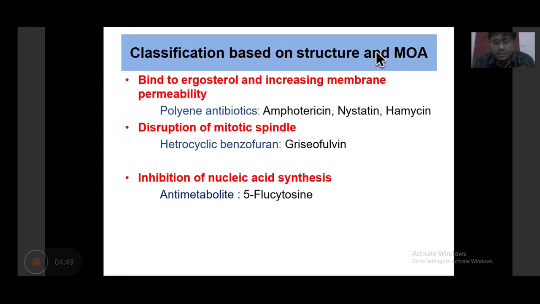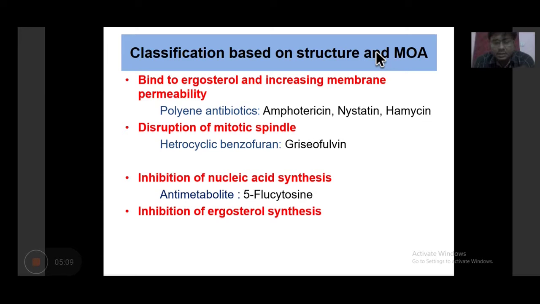Along with the classification on the basis of mechanism of action, the classification based on structure is also written, just to remind that amphotericin is a polyene antibiotic, and flucytosine is an antimetabolite.